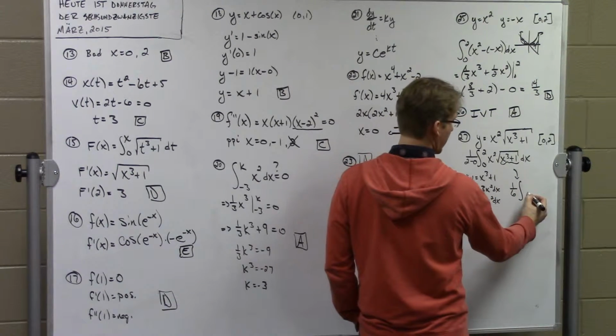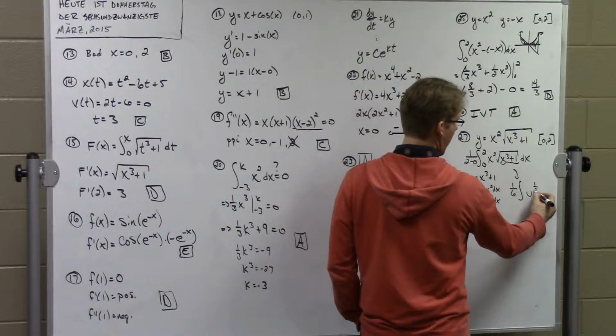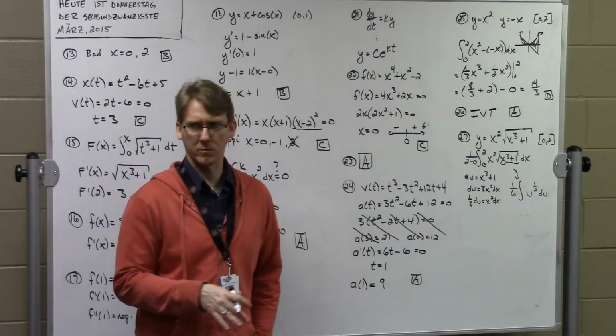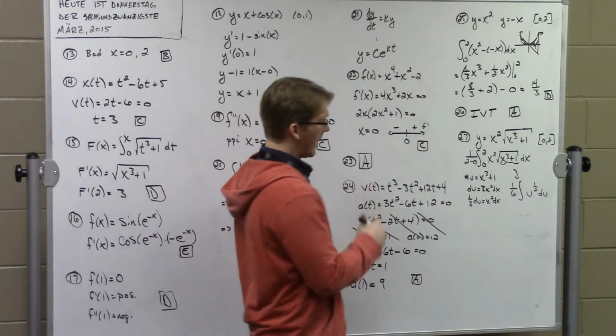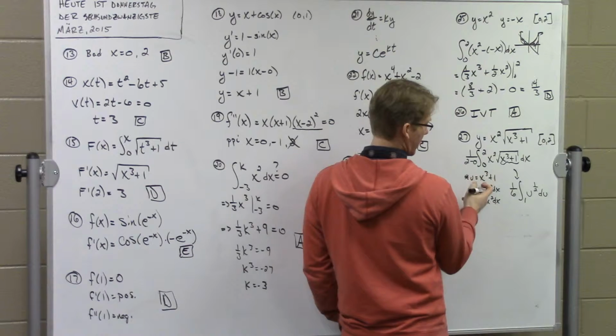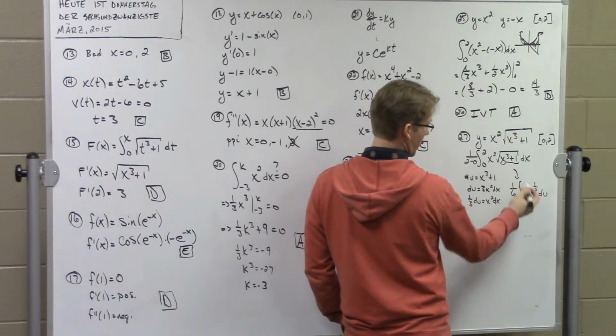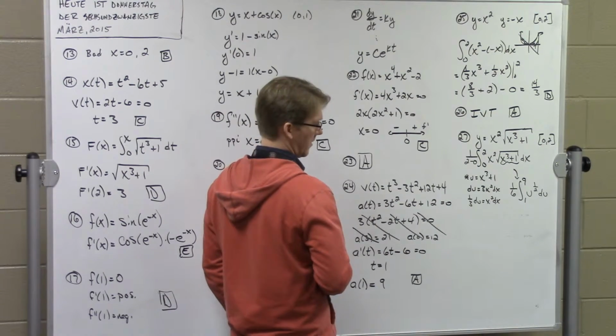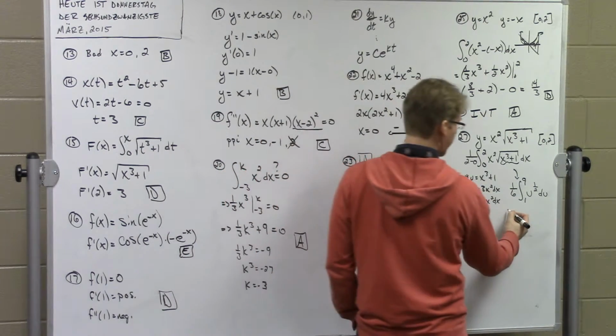This will give us a square root of u, or u to the 1/2. Again, it's multiple choice, so cut off every corner you possibly can, shave all the time off you can. I'll go ahead and change the limits. If x is 0, u is 1, and if x is 2, u is 9. So we never have to bother going back again.